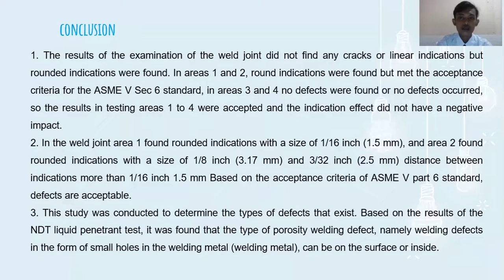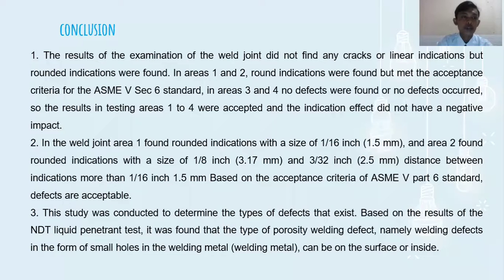Rounded indications were found but met the acceptance criteria for ASME 5 section 6 standard. In area 3 and 4, no defect was found. So the result is testing areas 1 to 4 were accepted and the indication did not have a negative impact.